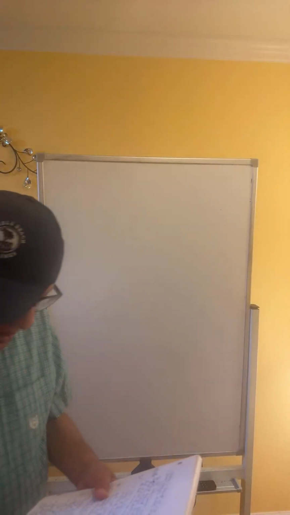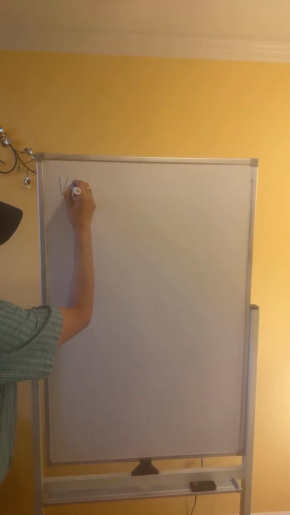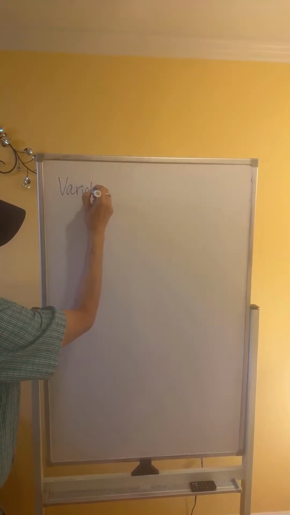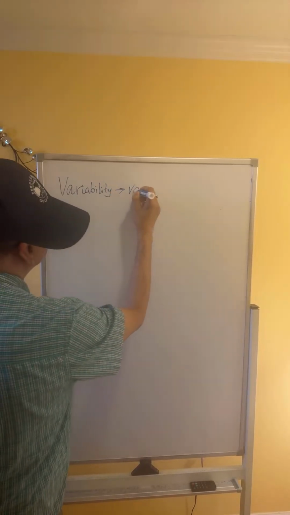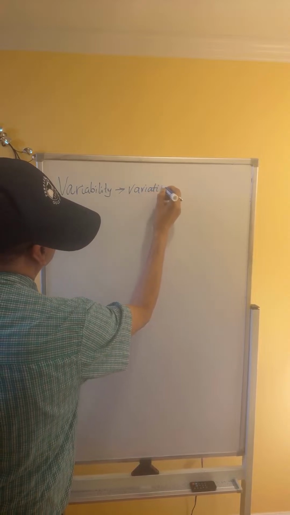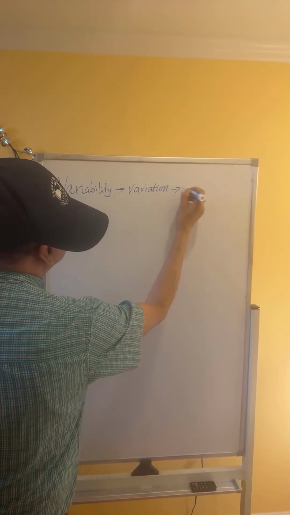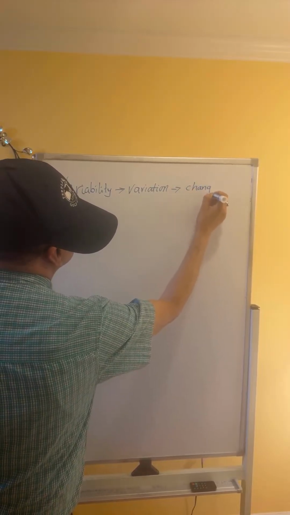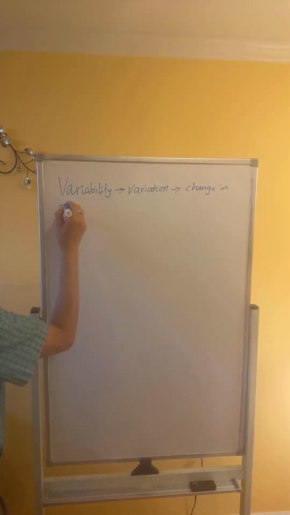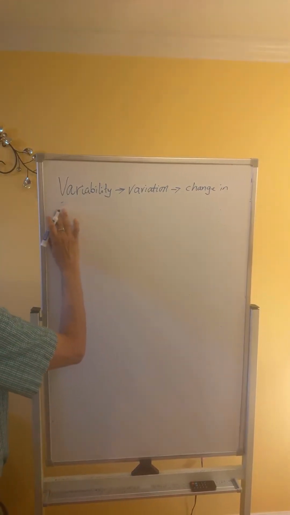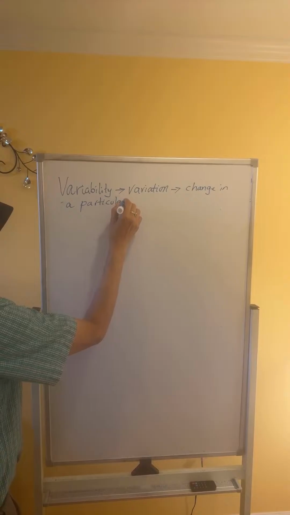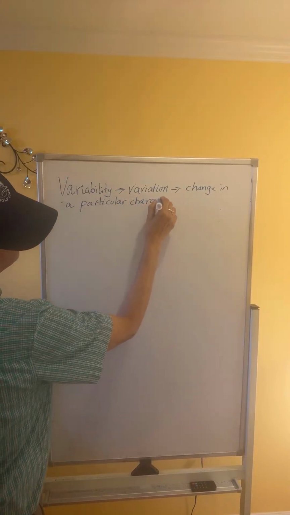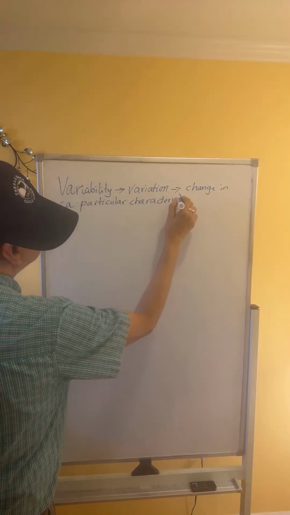So variability, as you can imagine, the word variability comes from the word variation, which means in this case change in a particular characteristic from subject to subject.